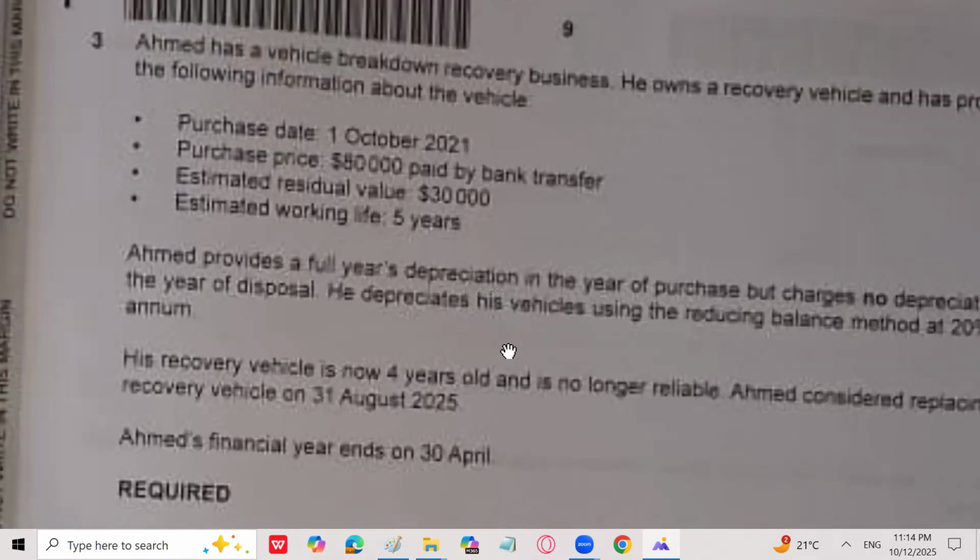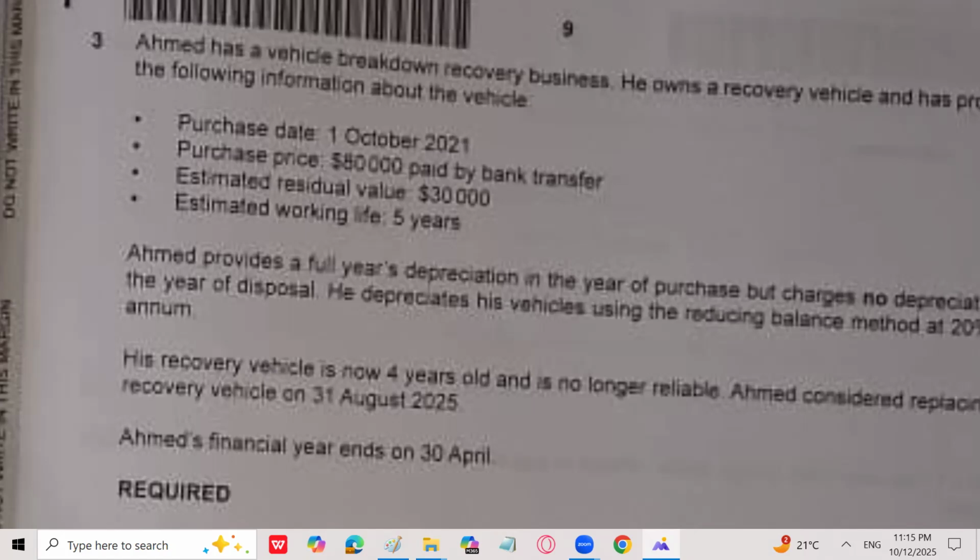So always remember this: you will not use the straight line method or the formula under straight line method if the examiner didn't ask you to solve the question through original cost method. Though purchase price, residual value, and working life are given, you can use the formula: original cost 80,000 minus scrap value 30,000, which becomes 50,000, divided by 5. The depreciation for the whole year is 10,000.